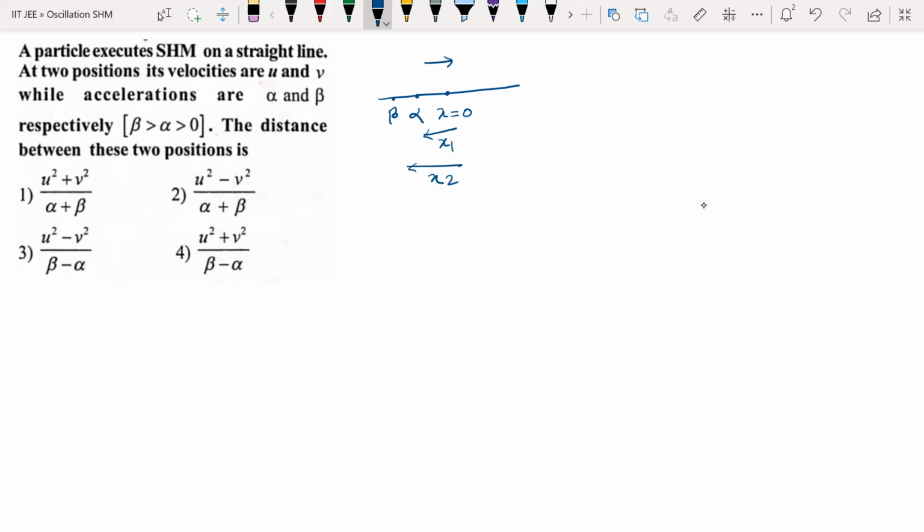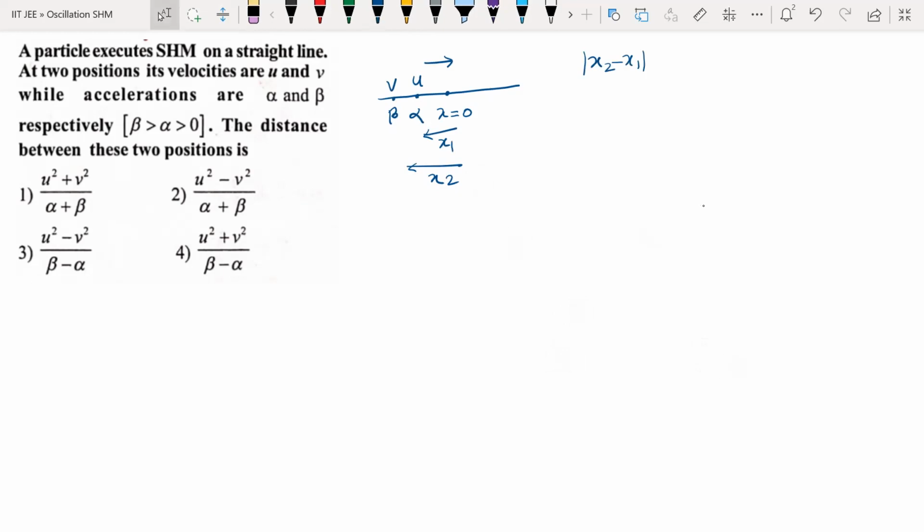Accordingly, we can write down the velocities. At alpha acceleration, we have u velocity. At beta acceleration, we have v velocity. We have been asked to calculate the distance between the two positions, that means we have to calculate the mod of x2 minus x1.